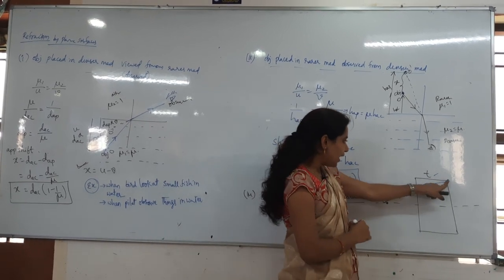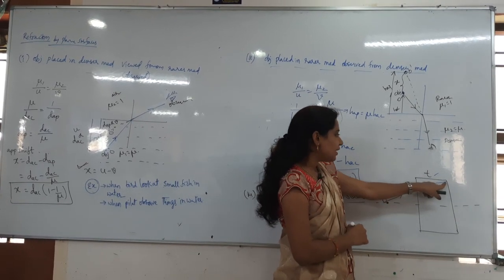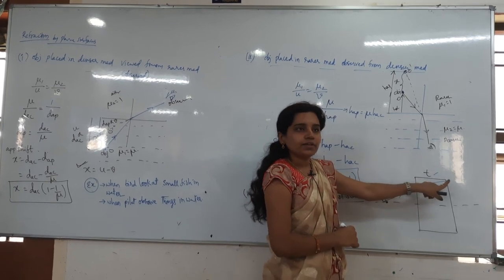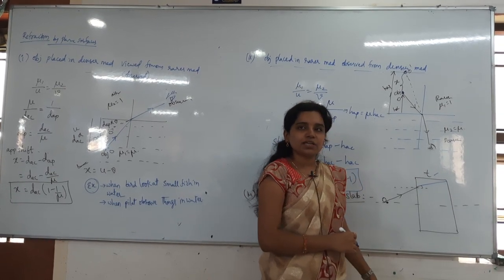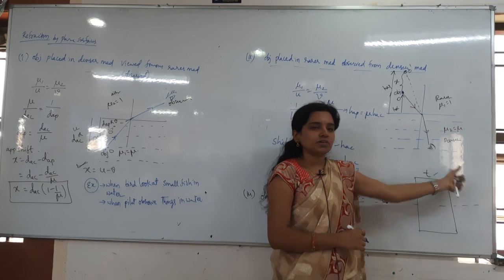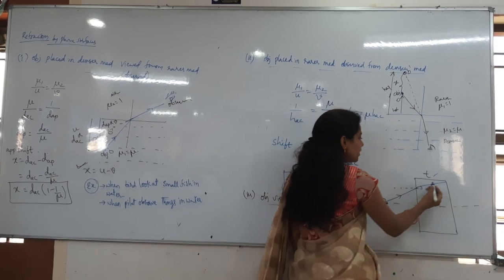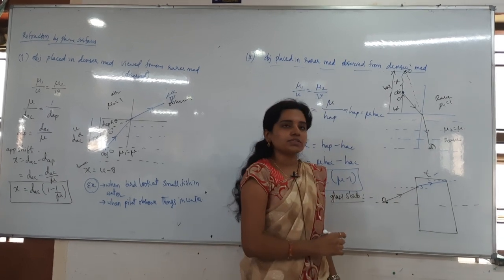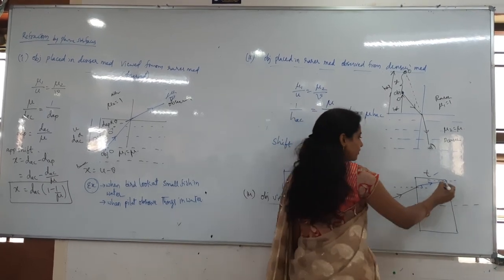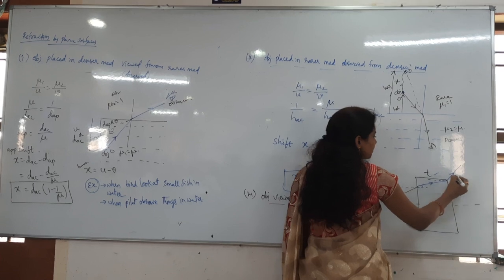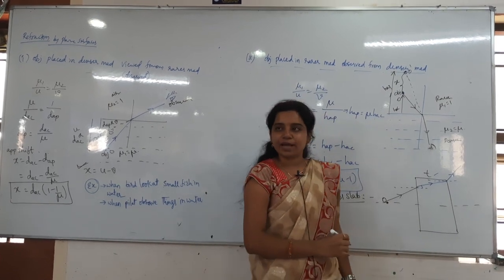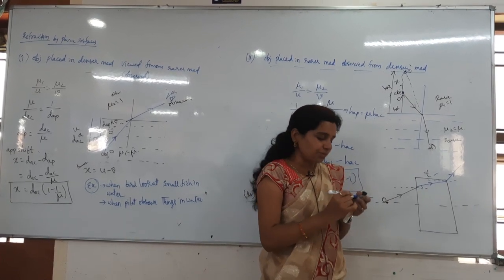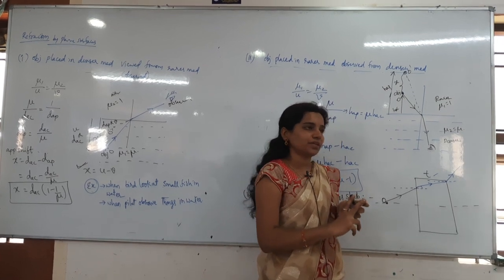Then after that again the light is travelling and then hitting the other boundary. This boundary is separating which mediums here? Denser medium to rarer medium. Now whenever the light is travelling from the denser medium to rarer medium, then what happens? It will go away from the normal in this way. That is what will happen here in the refraction. You understand properly? This one will be there in the next application also.